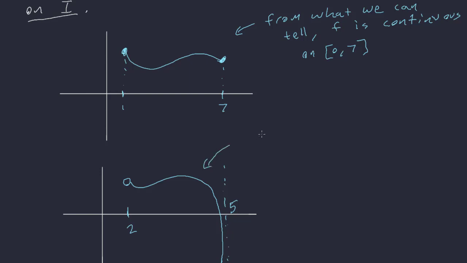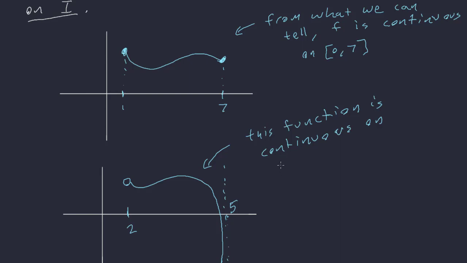This function is not continuous at 2, it's not continuous at 5, it doesn't seem to exist anywhere else. However, all of these other points, it does seem to exist there and be continuous. And there doesn't seem to be any more jumps or places where the limit doesn't exist.